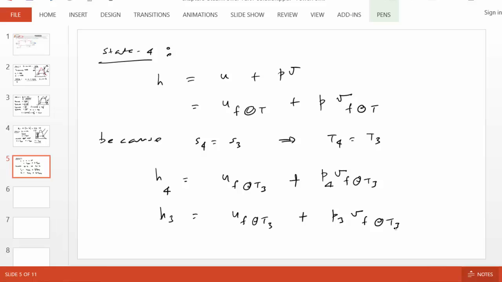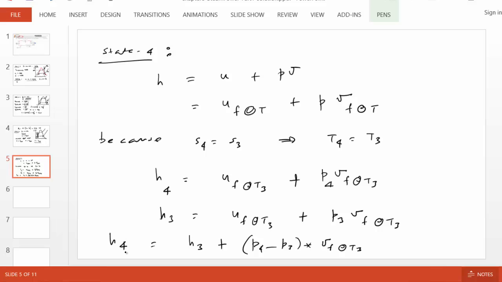So therefore, one can write a relationship that H4 is H3 plus P4 minus P3 times Vf at T3. So this is how the liquid enthalpy is calculated. A little bit complicated, but you can go revisit chapter 3, which discusses this in detail, and find out how to find enthalpy of a liquid.